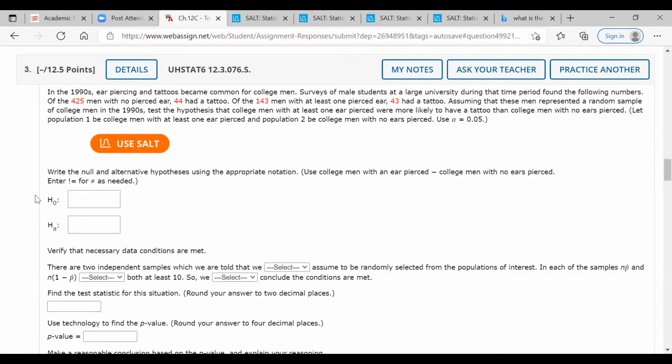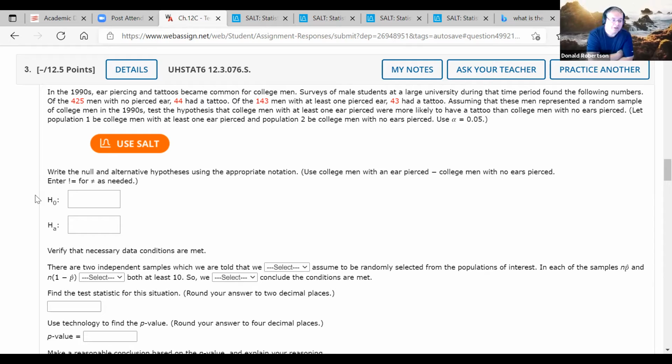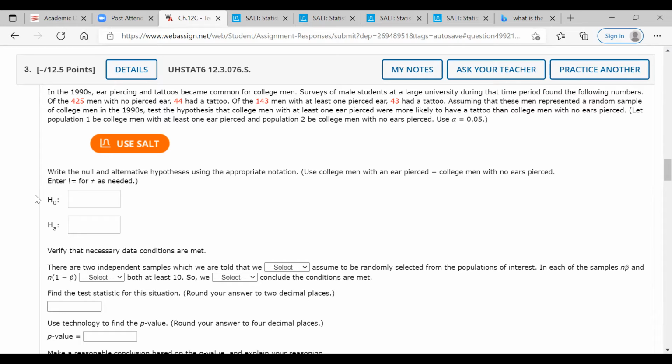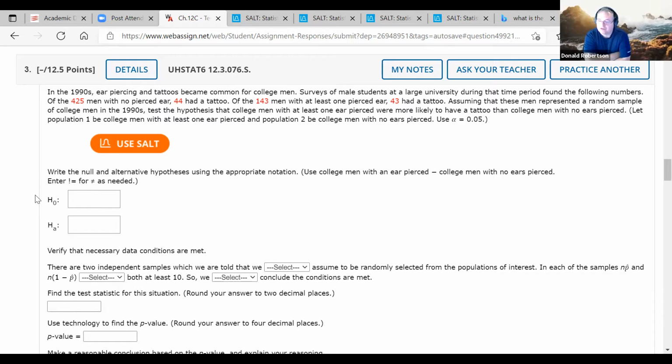And of the 143 men with at least one pierced ear, some had a tattoo. So you're comparing two groups here: one is pierced ears with tattoos and one is pierced ears without it, right? Okay, so that's our population.